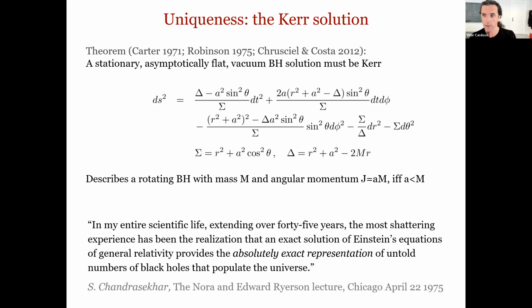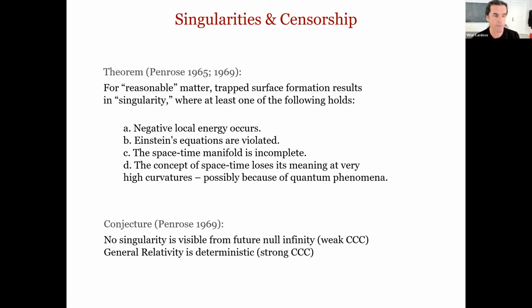But the second property connects to the fact that we expect new physics around black holes. And the reason is tied to the singularity results by Penrose and others that state that whenever you form a trapped surface, then something is going wrong in your space-time or with your theory.